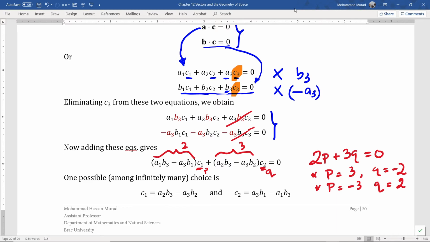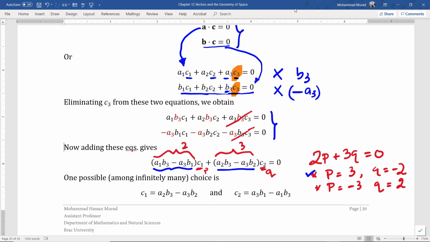Let's pick the value of C1 as this coefficient and the value of C2 as the negative of this coefficient, just like the case 1 here. So we have two components of the vector C known. To get the third component, C3, we can use this equation.